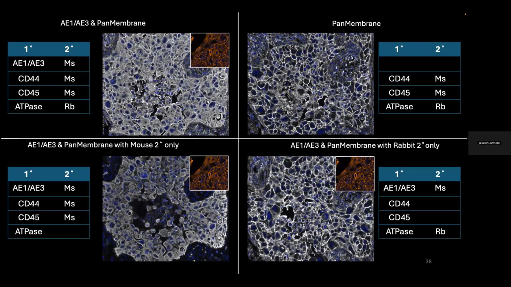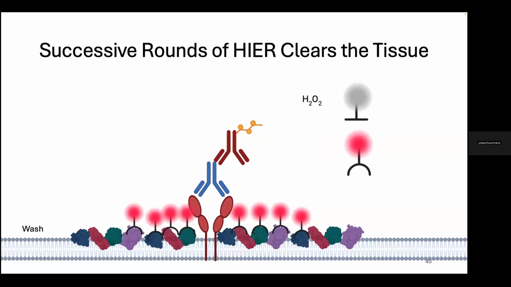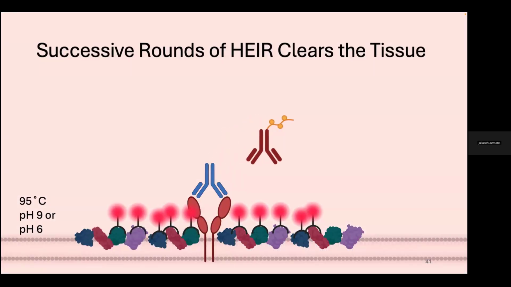And this was not great, but it was useful because it meant that what I thought was happening: there is residual primary left on the tissue, still bound to AE1, AE3, that's being picked up by CD44 and 45 secondaries. And so just to give you guys another idea of what's happening, we are washing off this residual fluorescent signal, but then we're only losing the secondary and the primary stays bound.